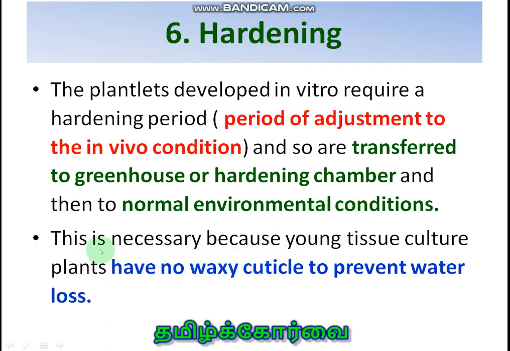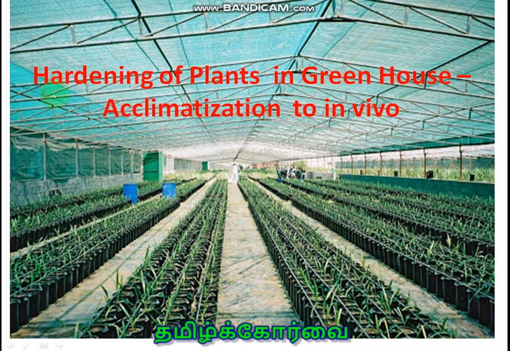What is the reason for such hardening? When they are in the laboratory condition, they do not have any waxy cuticle, so they are not able to prevent water loss. When they are hardened, they are able to develop the waxy cuticle so that they can prevent the loss of water. Now this is the hardening of plants in the greenhouse. Acclimatization to in vivo condition.